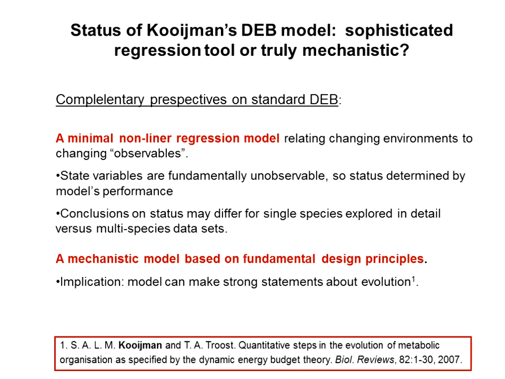Their interpretation is really important if we believe that the DEB model represents some fundamental design principles that are involved in DEB, and not just a strong regression. Because if you think that the model represents some strong design principles, then you can actually make some strong statements about evolution, and there's a lot of scope for development of new evolutionary theory using DEB theory.